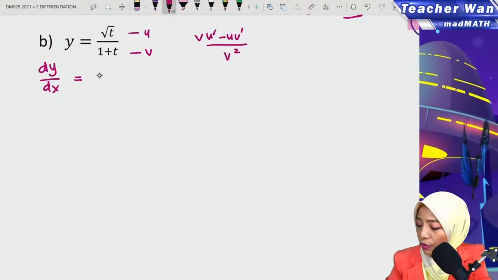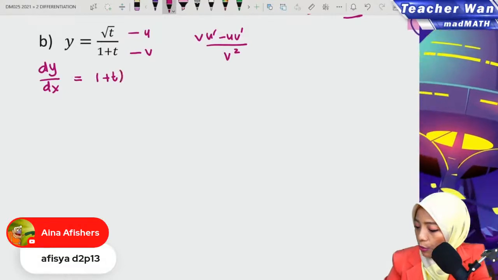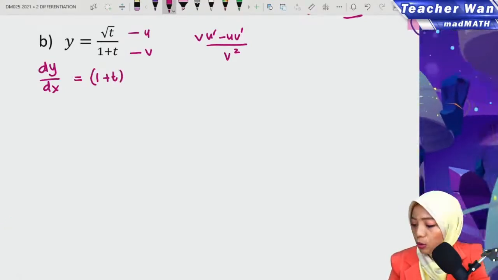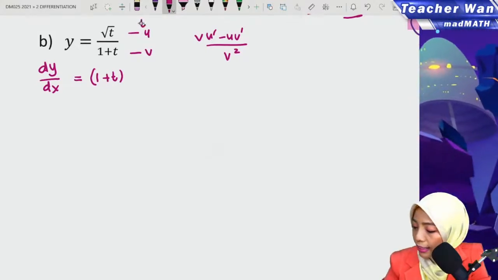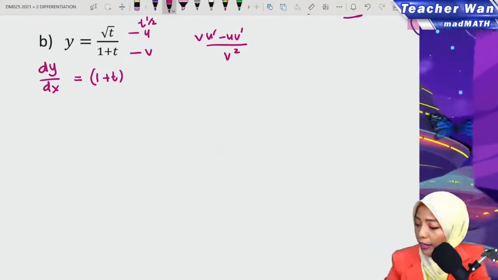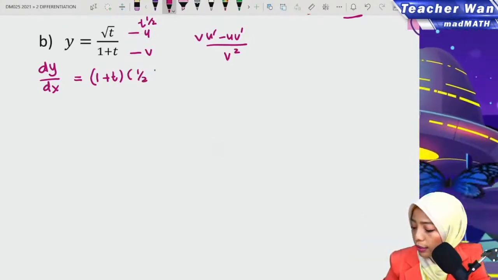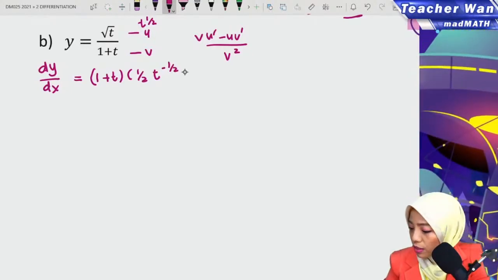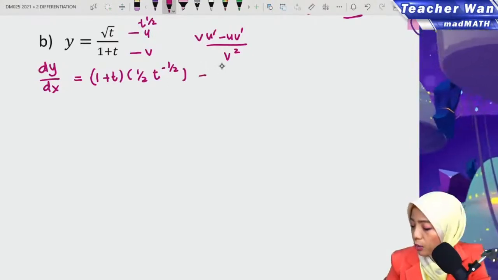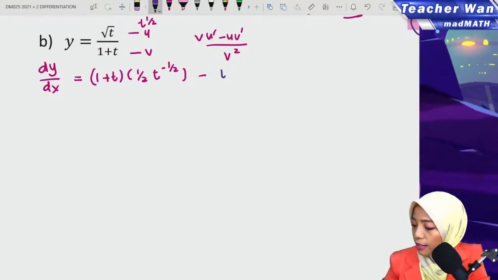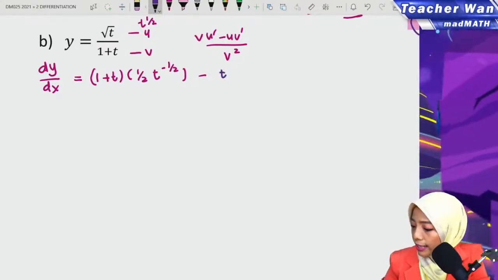What is our v? 1 plus t. What is our u? Our u is root t now. So when we differentiate, t to the 1 over 2, so 1 over 2 to the front, t to the 1 over 2 minus 1, so negative 1 over 2. Minus with our u, let madam use a different color so it becomes clearer to you, root t.